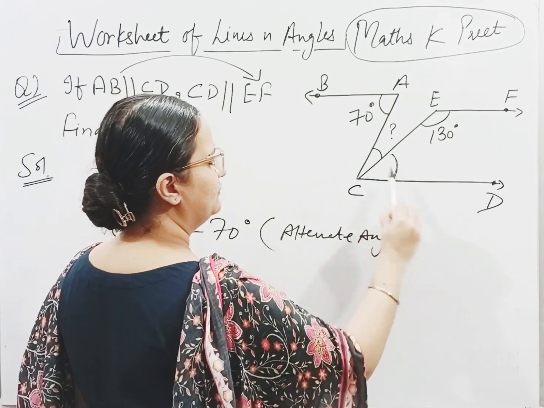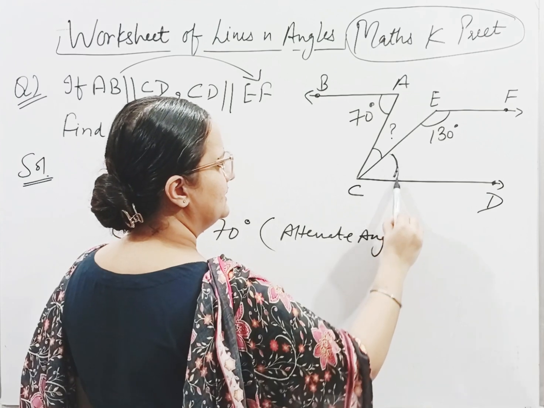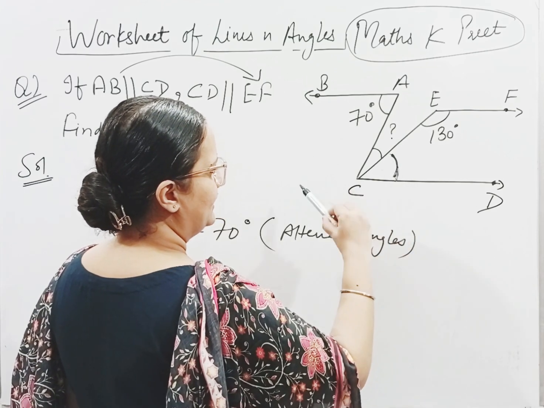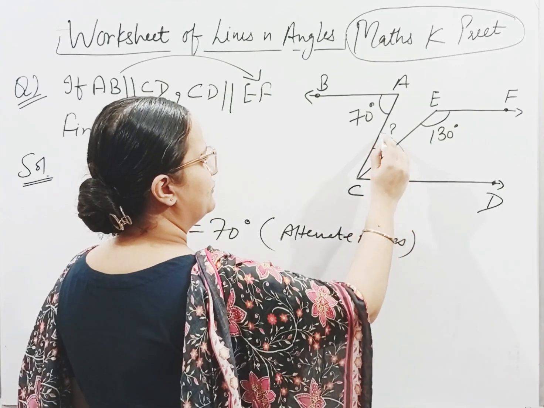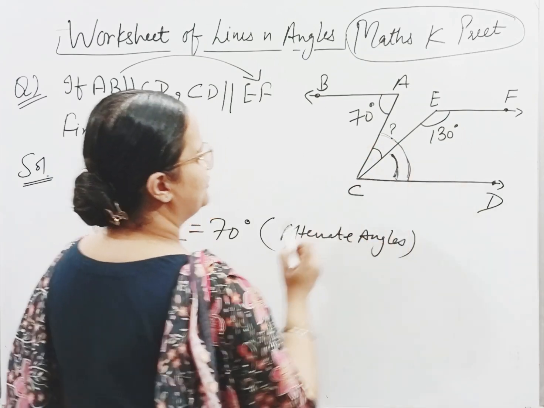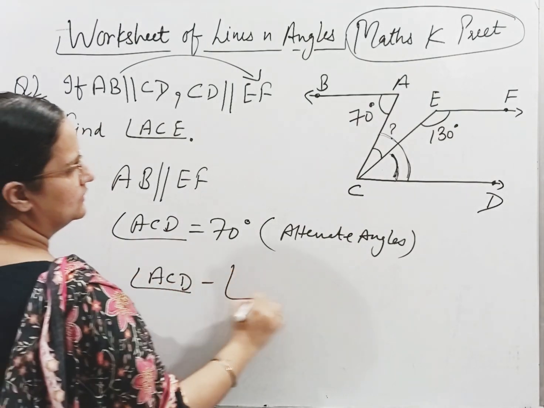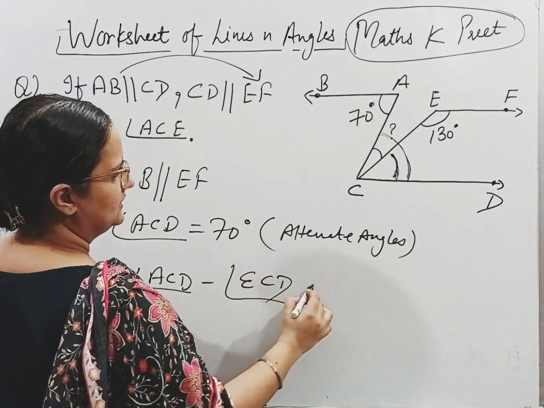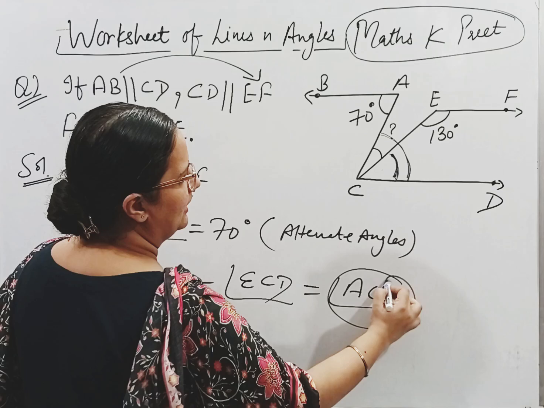So the sum will be of 180 degrees. So 180 minus 30, we will get this angle. This complete angle is of 70 degrees. From this ACD, we will subtract ECD. So we are left with ACE.